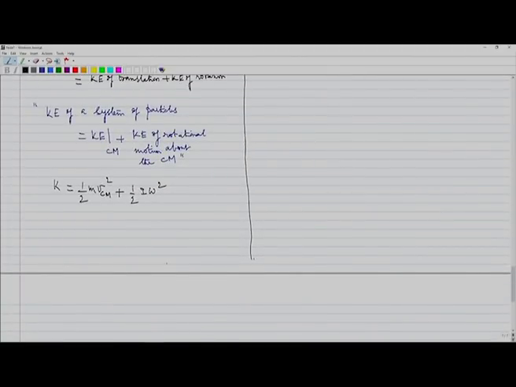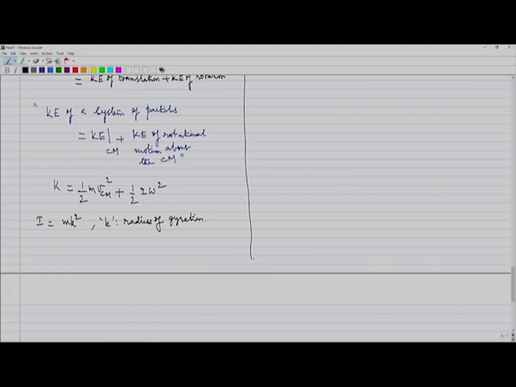And moment of inertia is also written in terms of m k squared, where k is the radius of gyration, which we had seen earlier.